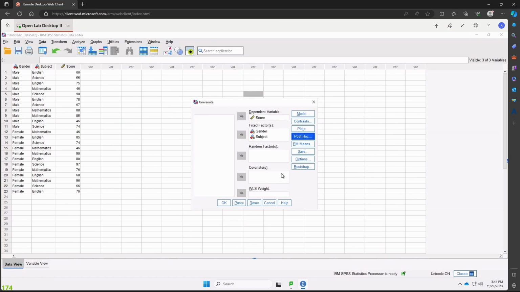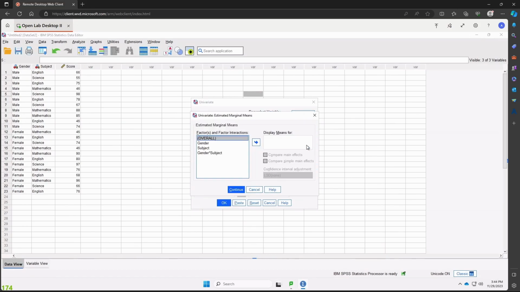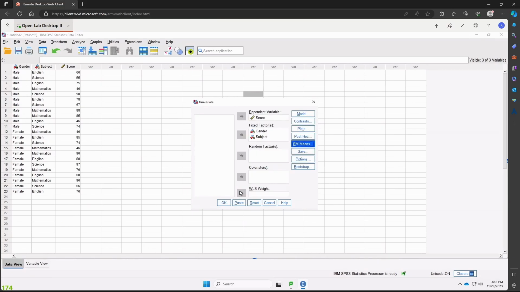And the next one, we want to go to EM Means. I will display the means for overall, gender, and subject. And we want to have the gender and subject. Of course, we want to compare the main effects. And from here, I want to change this to Bonferroni and click continue.